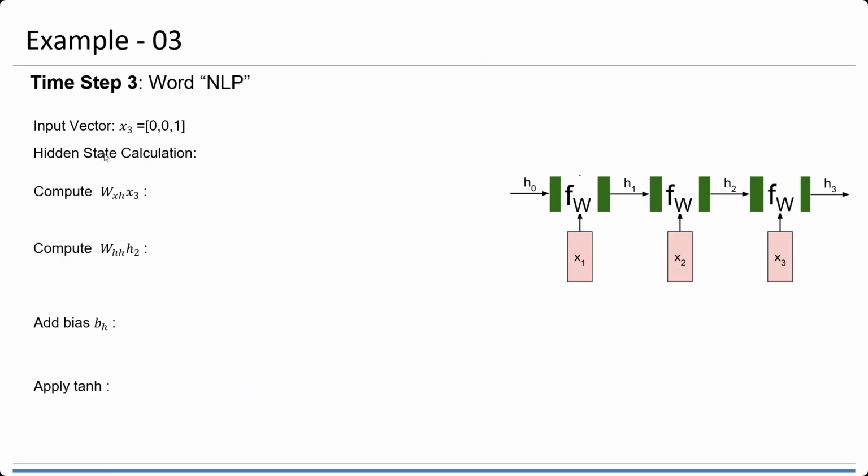And again, we need to calculate the hidden state. The hidden state calculation means we are going to find H3 by using the tangent formula. We are going to use the X3 and multiply with the H2 and plus the bias.